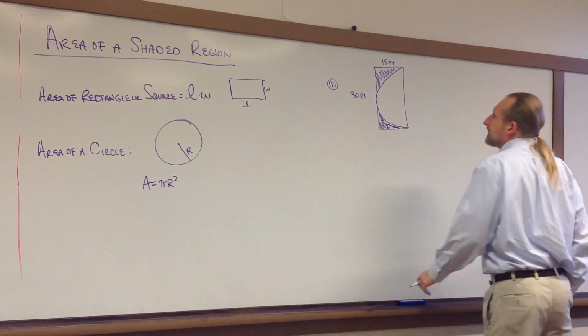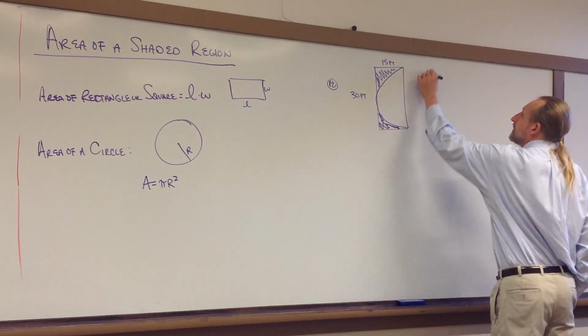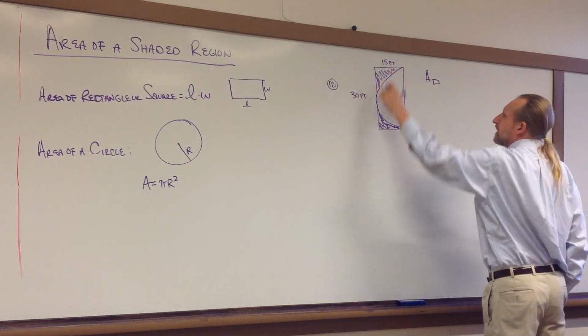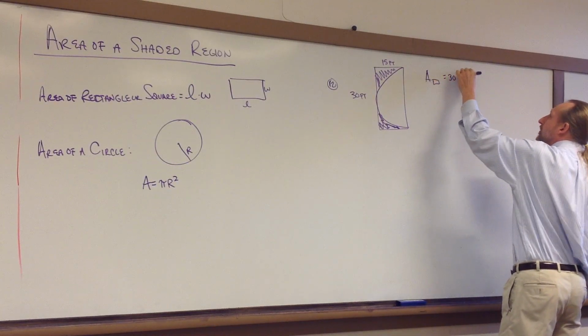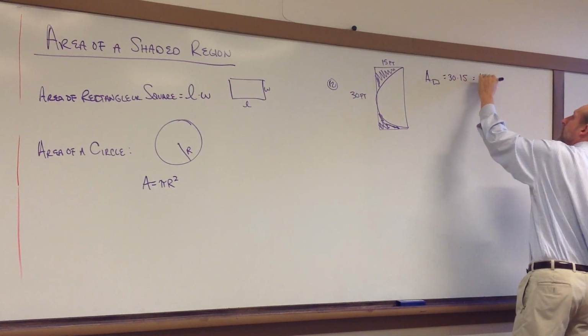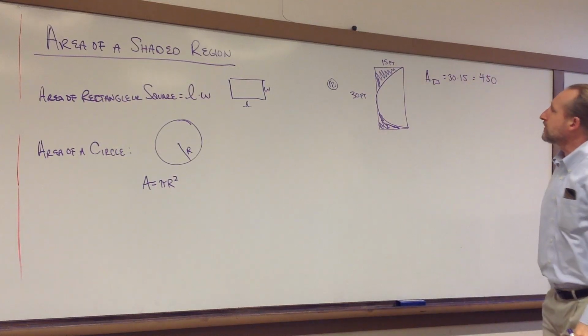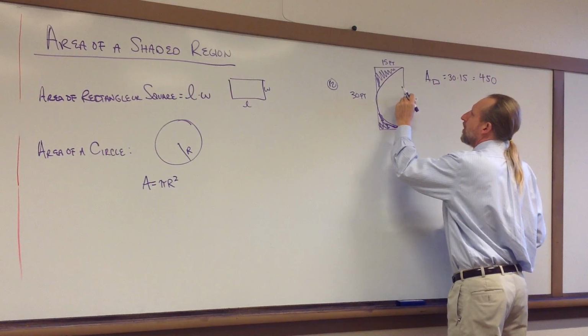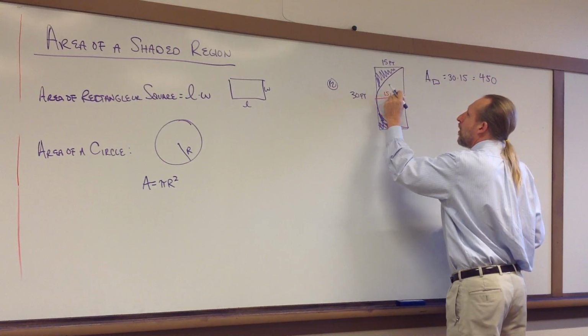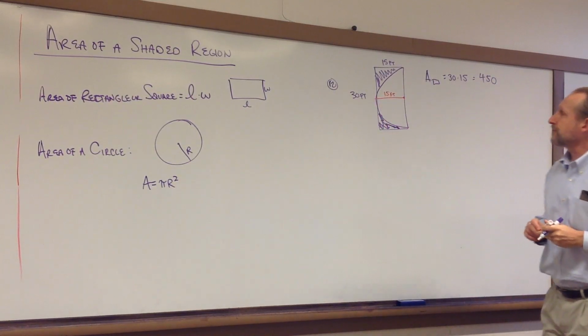So what's happening here is the area for the rectangle, which is the exterior, is 30 by 15, which is 450 square feet. And then you've got this radius here on the circle, which is 15 feet.